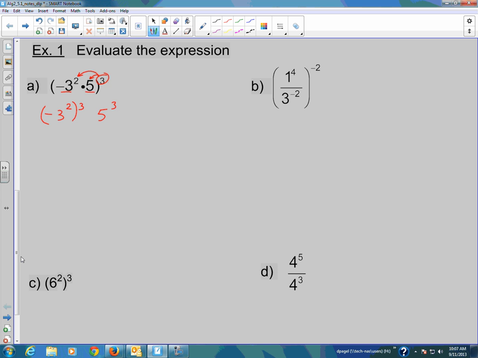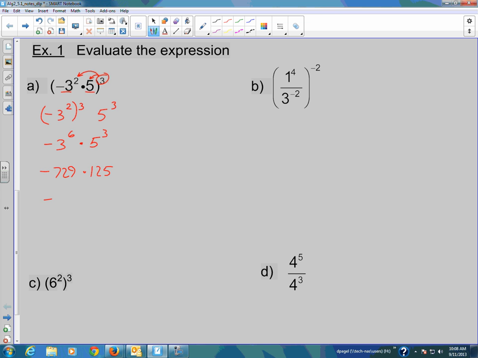All right, so we go back to this one. We get negative 3, and then this is the power of powers. 2 times 3 is 6. And 5 to the third. And this becomes negative 729 and 125.